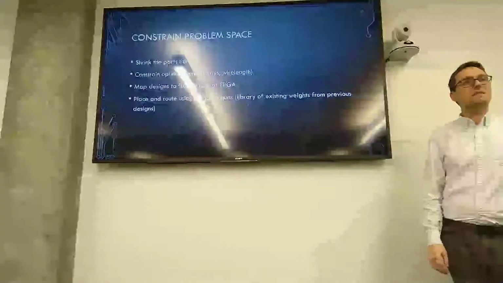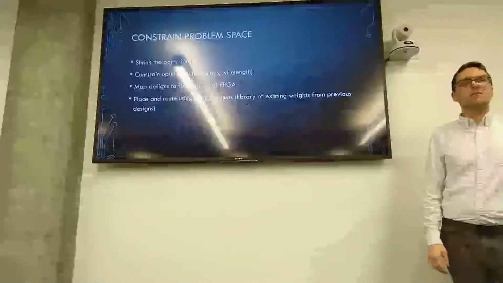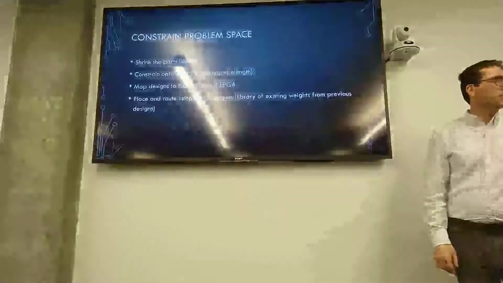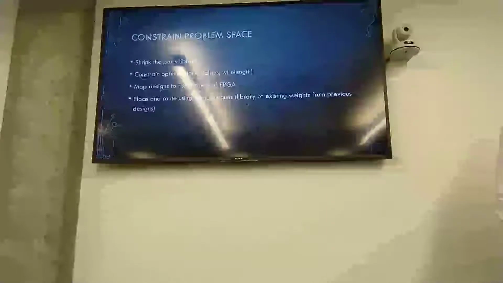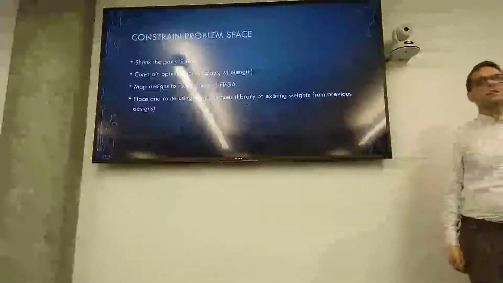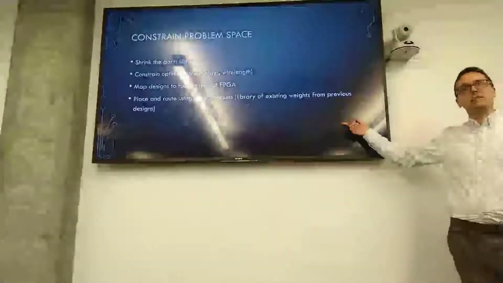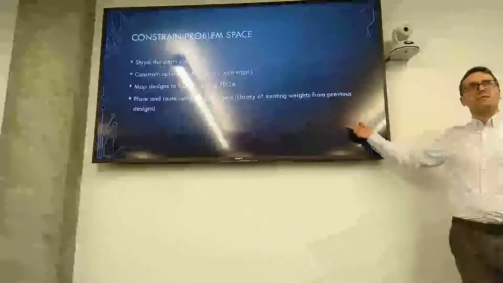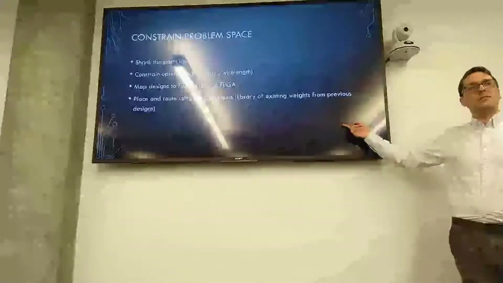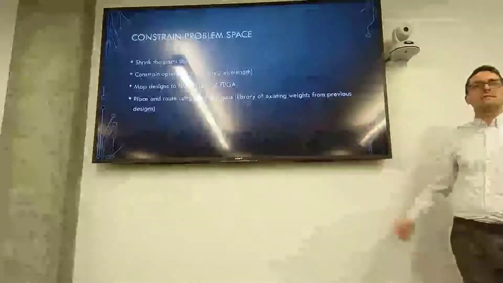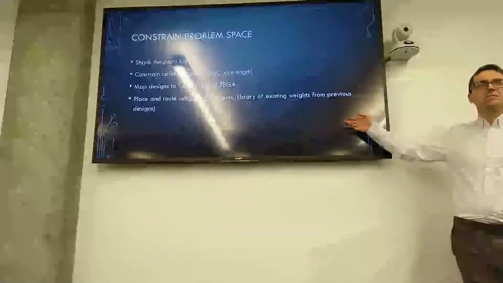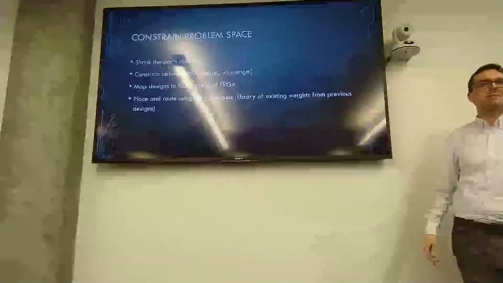This is something that can be done using Vivado tools. And using the existing place and route, I will generate the training data for more optimal place and route. And by optimal, I mean faster. Faster to finish the place and route design.